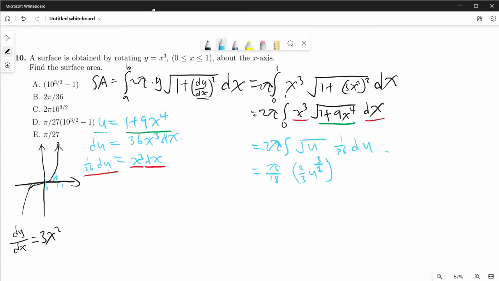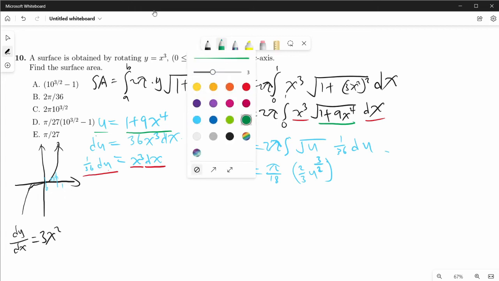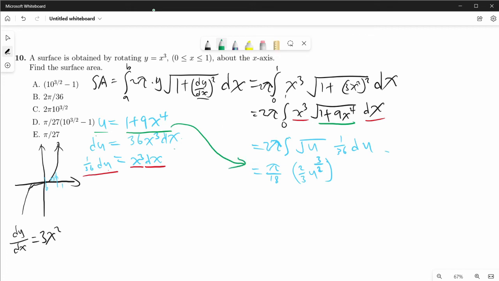And now we can plug u back in here, since the integral is solved.